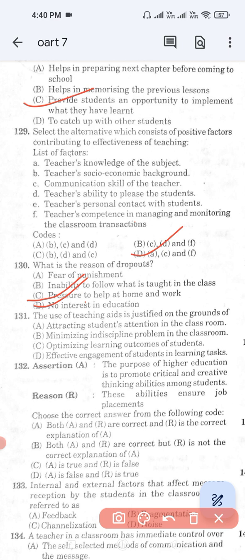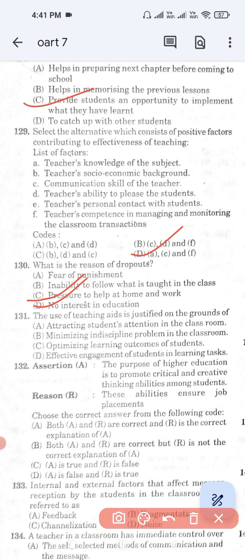Now question number 131. The use of teaching aids is justified on the grounds of. Option A, attracting students' attention in the classroom. Option B, minimizing indiscipline problem in the classroom. Option C, optimizing learning outcomes of students.